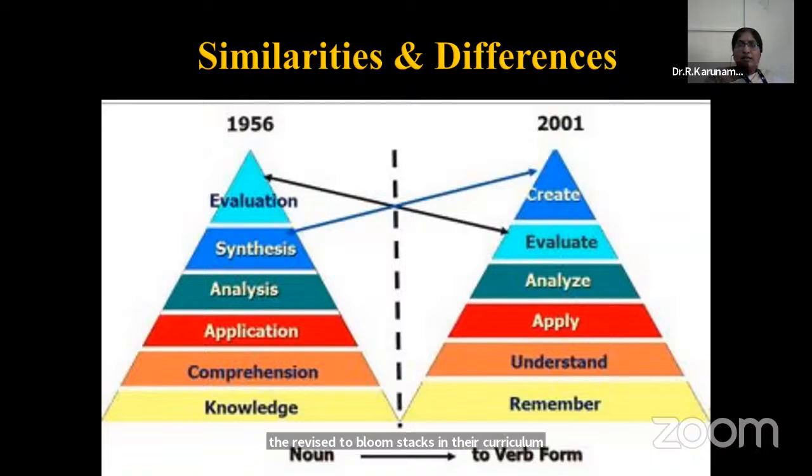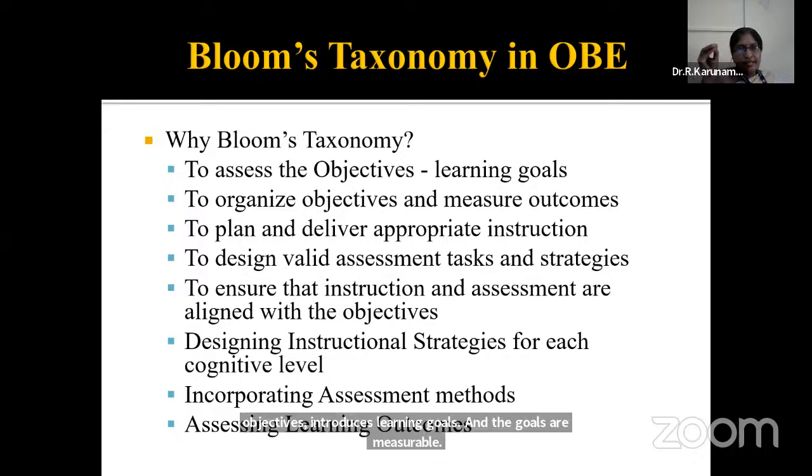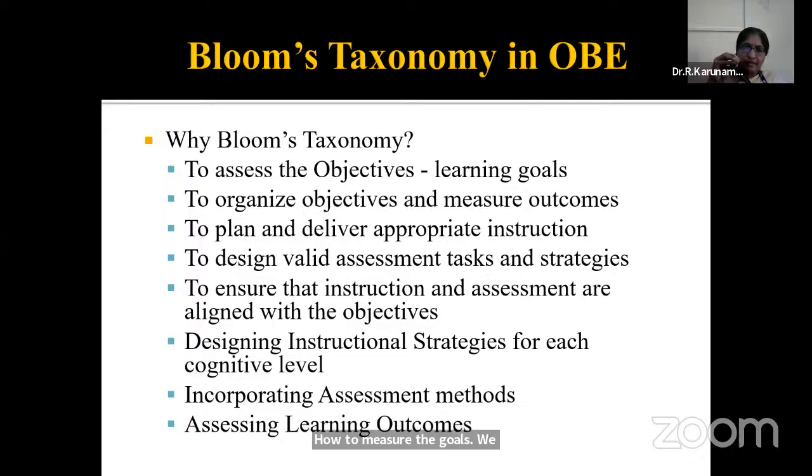Why is Bloom's taxonomy applied in outcome-based education? Every outcome-based education introduces objectives, introduces learning goals, and the goals are measurable. How to measure the goals? We need an assessment system, and the assessment system is Bloom's taxonomy.